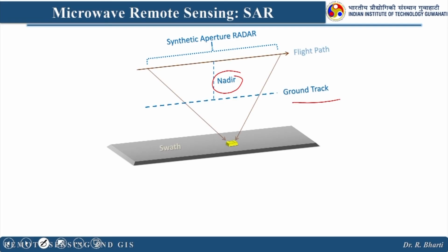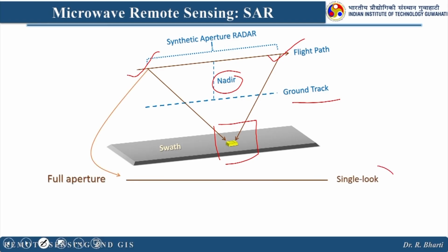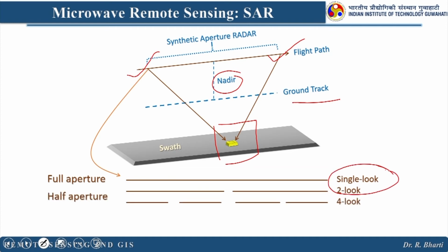As we have seen in the previous slide, you can target this particular object either from here, or you can illuminate from here and sense from here. In full aperture, this is known as single look. When you have two looks, that means you are dividing into two parts. With 4, it will be known as 4 look.